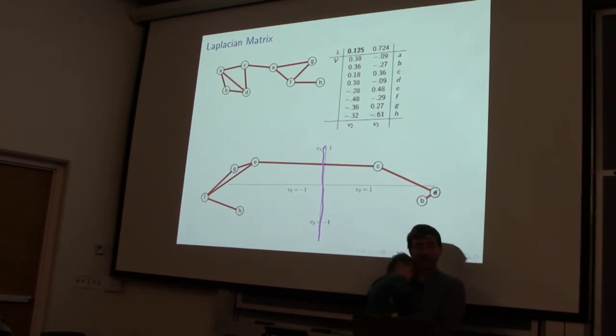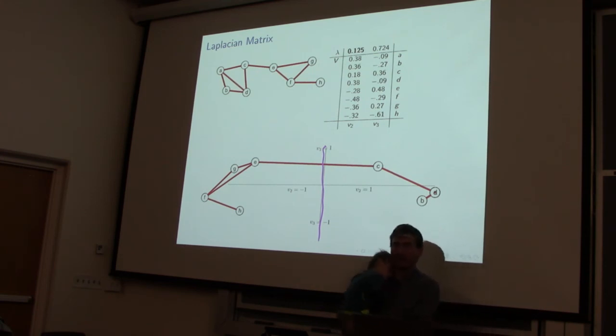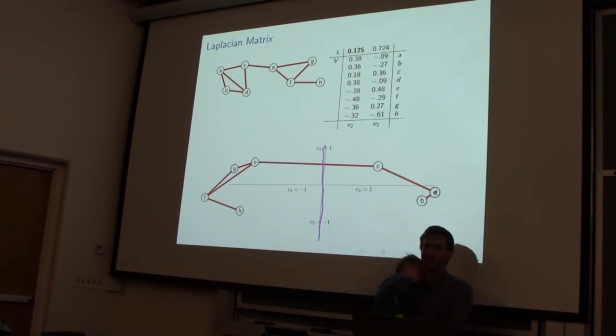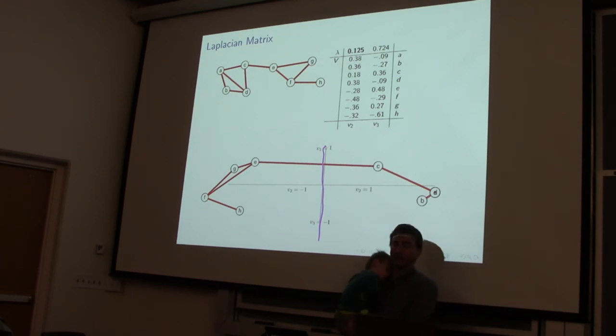If you weren't sure, maybe you were just given this adjacency matrix. If the second eigenvalue is 0, we know that you have two disconnected components, and that will actually tell you that. If you look at the eigenvector, then we'll have some negative, some positive, and it'll give you your answer.